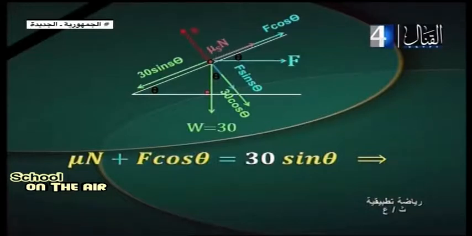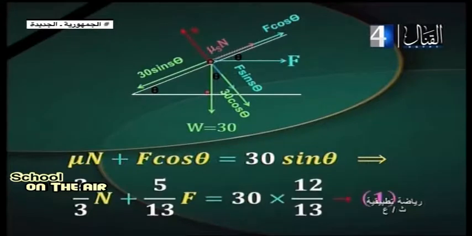When the body slides, then mu Sn is up the plane. We have two equations. The first equation: mu Sn plus F cosine theta equals 30 sine theta.